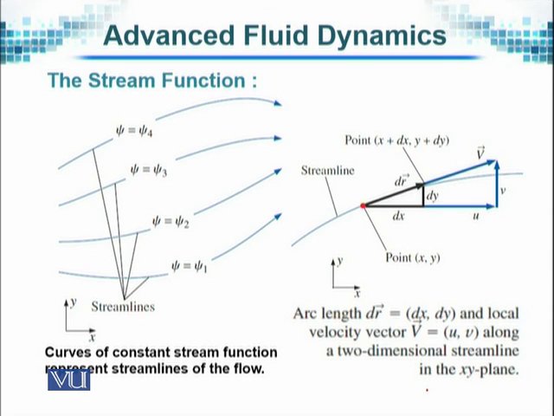And different stream functions, their graphs are shown here. For different values, they look like in the form as we have been shown, and they actually represent the flow, the fluid that is moving across. This is similarly for an arc length, while this one is in the form of rectangular coordinates.